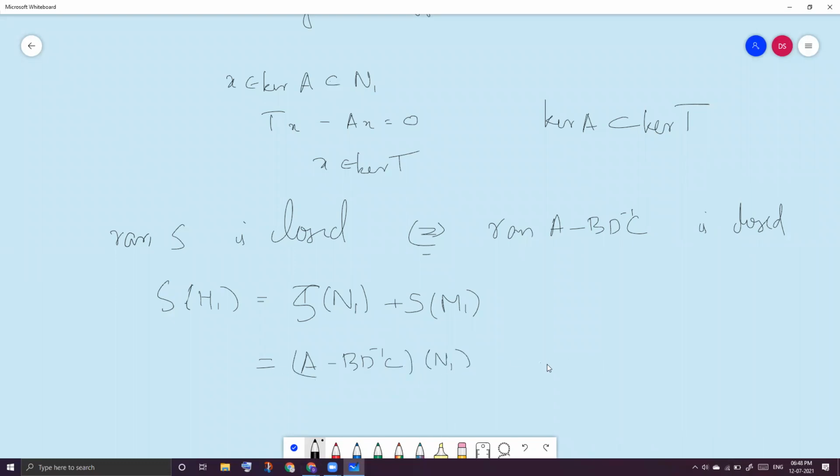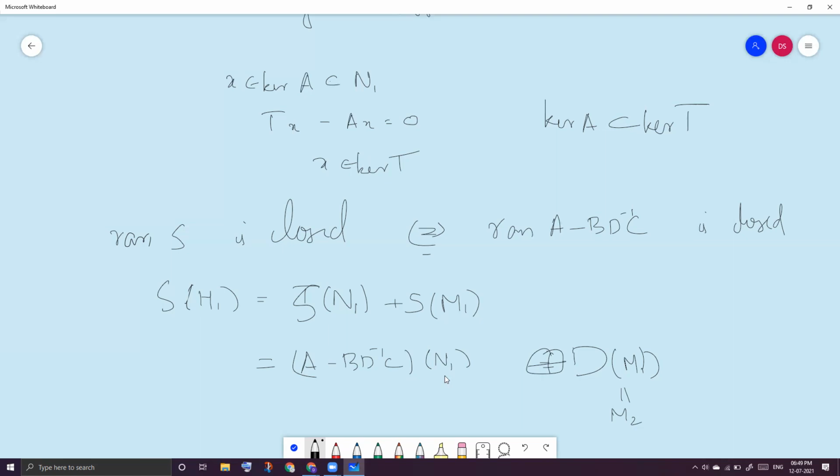And this one is D of M1, which is actually M2 because D is invertible. And this is a direct sum, because their intersection is 0, since this one is contained in M2 and this one is contained in N2. They are orthogonal complements also. So this is a direct sum.